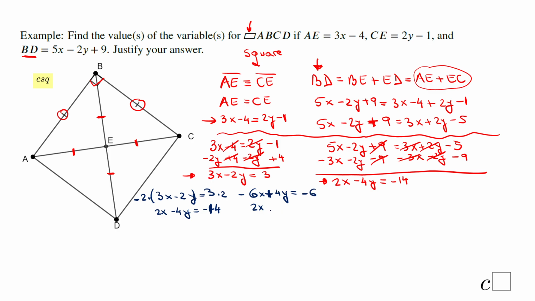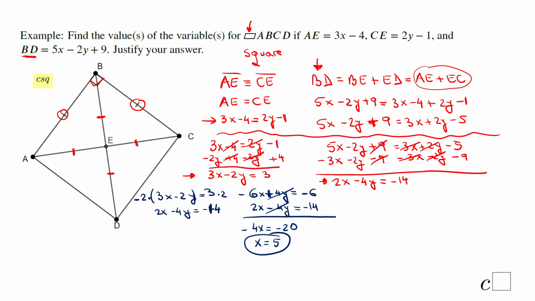And then we have 2x minus 4y equals negative 14. Now we're going to add these two because we cancel these here, and we have negative 4x equals negative 20. So x will be 5 because we divide by negative 4.